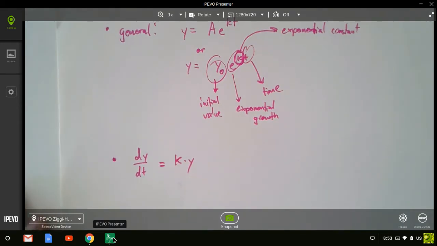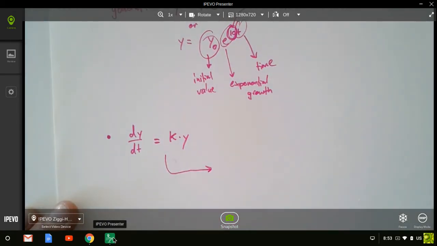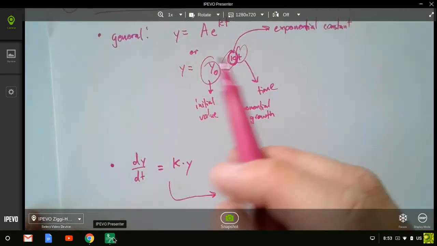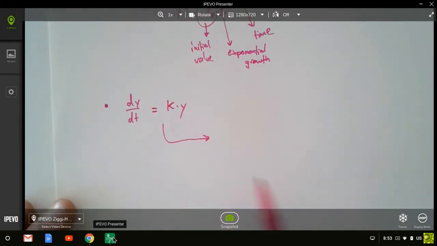Upon further investigation, you now know that you can integrate this by separation of variables, as you just learned. That's why you need to learn this first to understand where all this comes from. So this is sort of the proof for why this exists. A change in y over time starts with some constant times y.